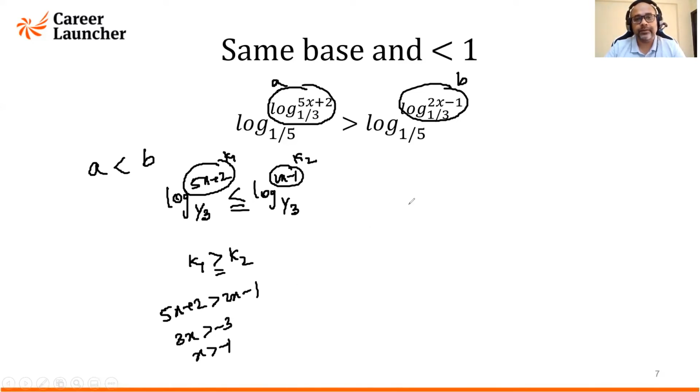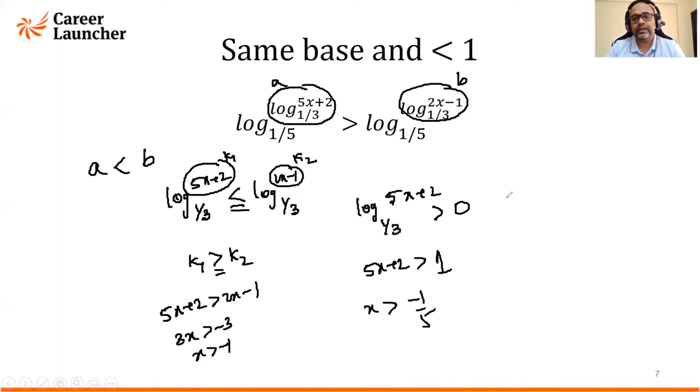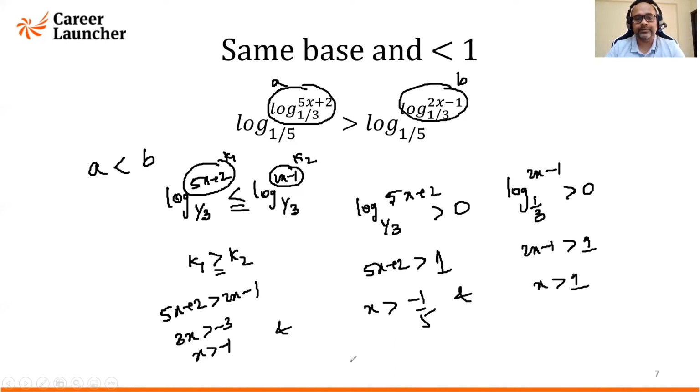Your job is not done. You will have to make sure that log of 5x plus 2 to the base 1 by 3 is greater than 0, because your left hand side has to be defined, which means 5x plus 2 greater than 1 or x is greater than minus 1 by 5. Similarly, right hand side has to be defined, which means log of 2x minus 1 to the base 1 by 3 is greater than 0. So 2x minus 1 greater than 1 or x greater than 1. So you need an answer which is satisfying all these three together.